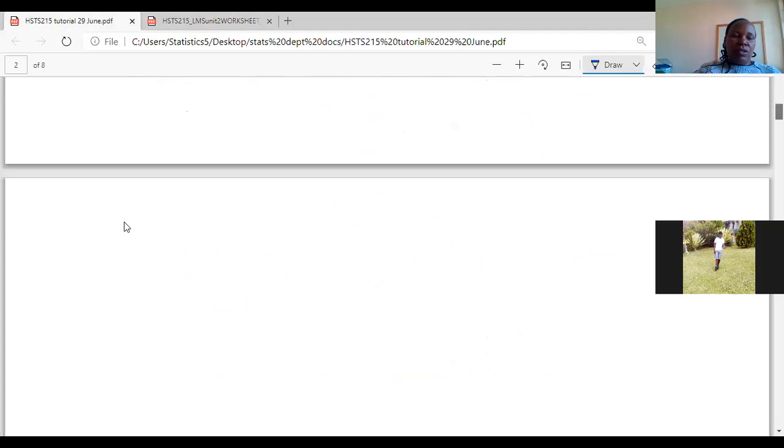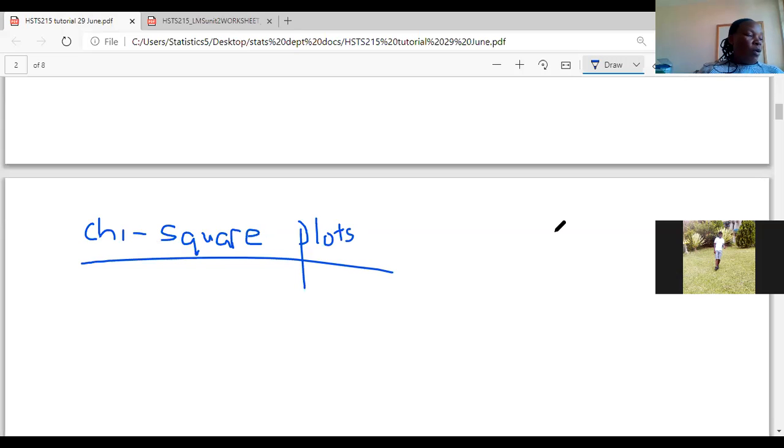Right, chi-square plots. So the procedure outline: the first thing is to compute your standardized distances of each xi, and we get it by di squared, the squared distances. We call them squared distances.